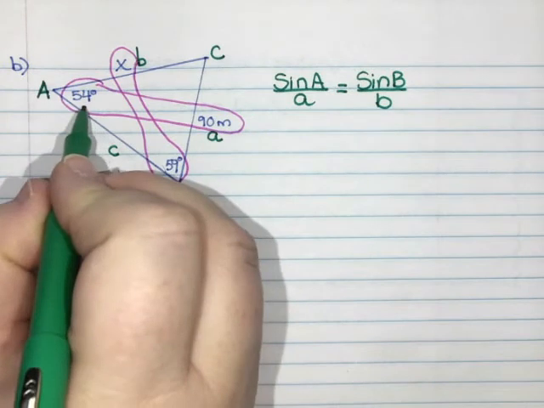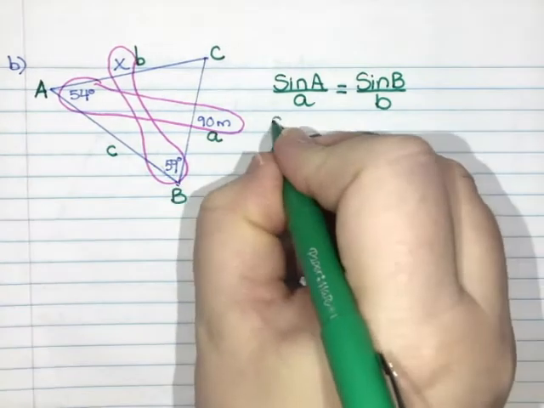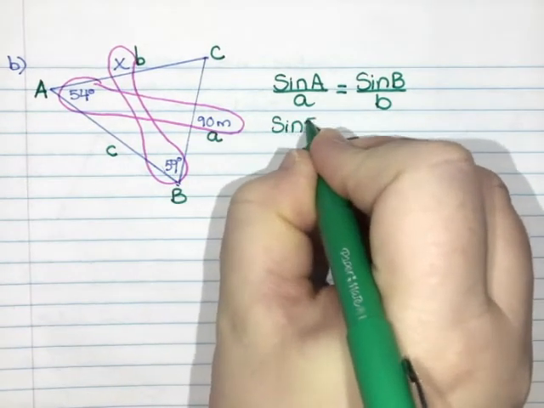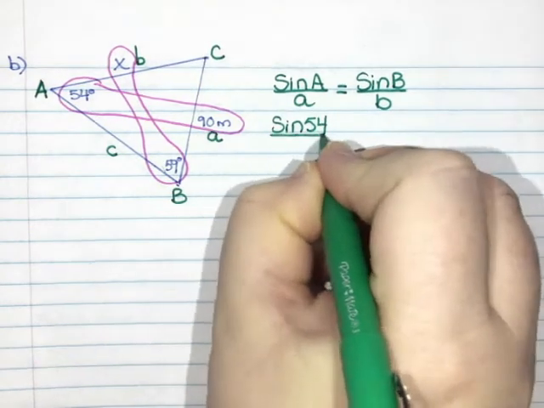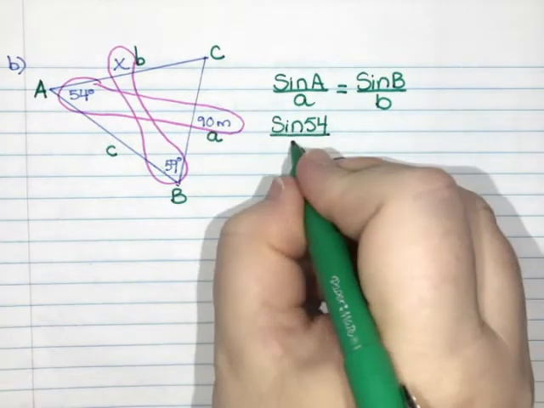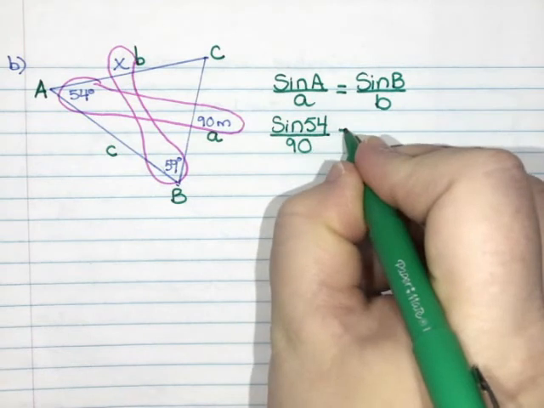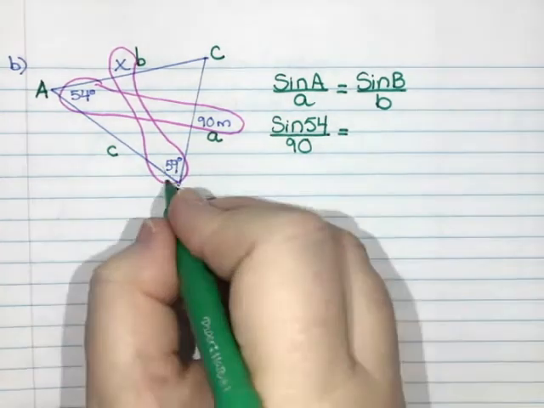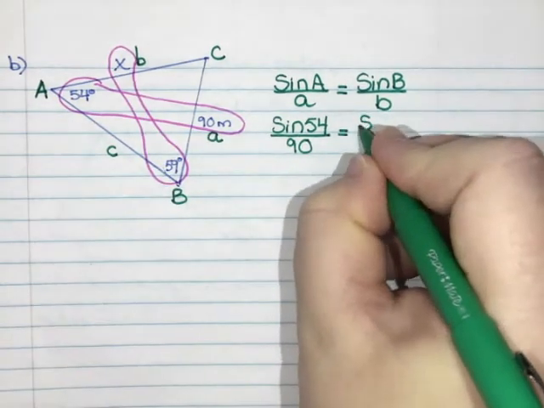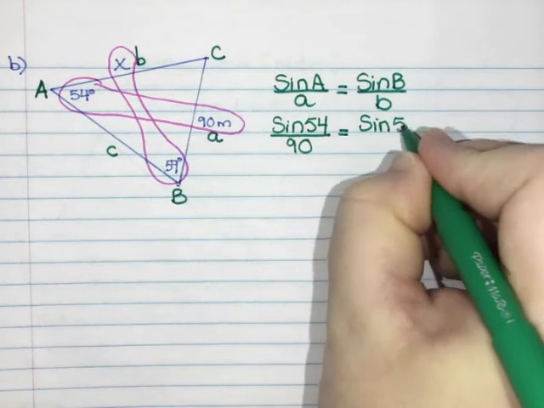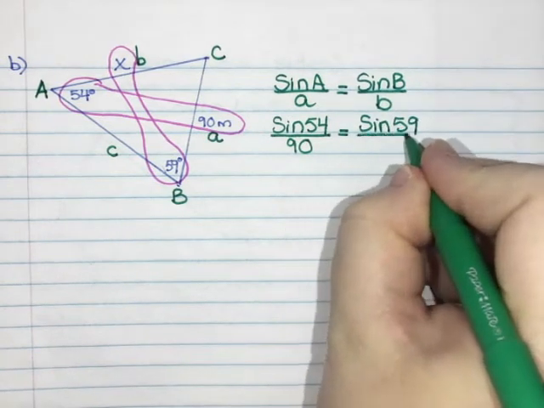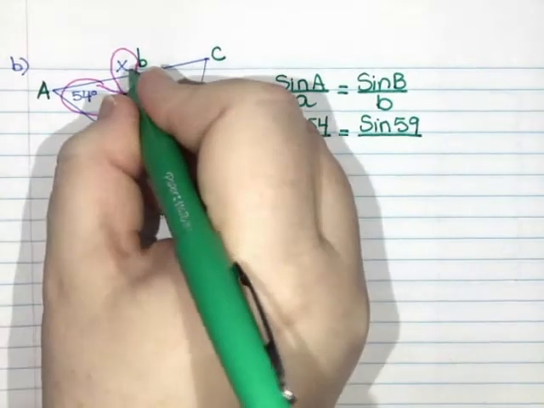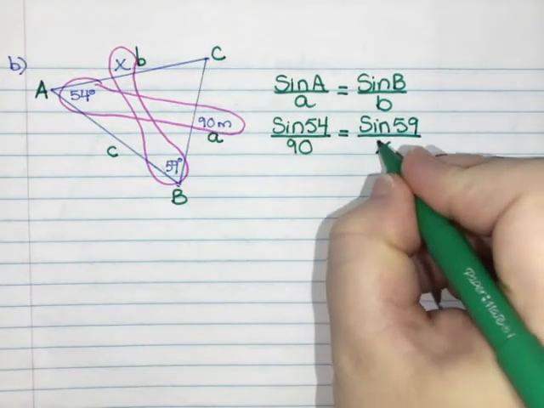So A is 54, so sine of 54, divided by my side a, which is 90 meters, or just 90. Equals sine of B, B is 59 degrees, so sine 59, that rhymes. And then across from that, my side b is x.